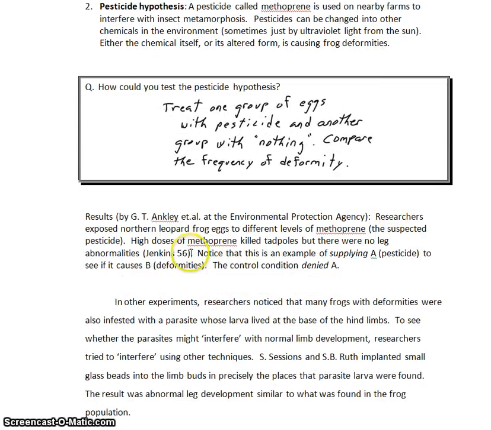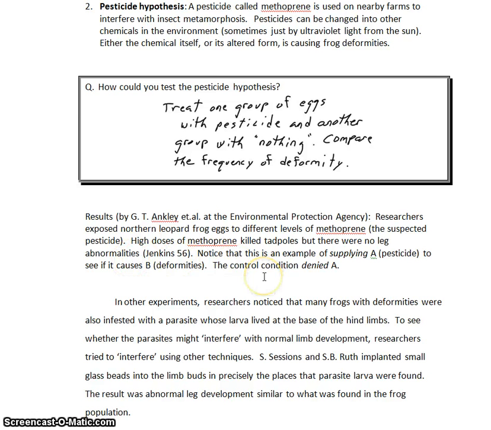Now, when that experiment was performed by researchers at the Environmental Protection Agency, they had the following results. They exposed northern leopard frogs to different levels of methoprene. High doses of methoprene killed the tadpoles, but there were no leg abnormalities.